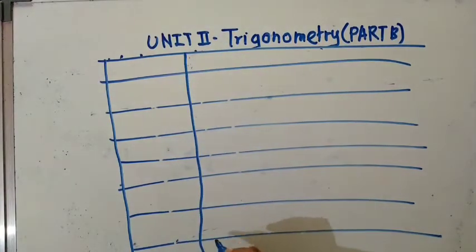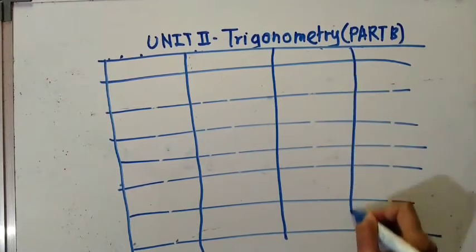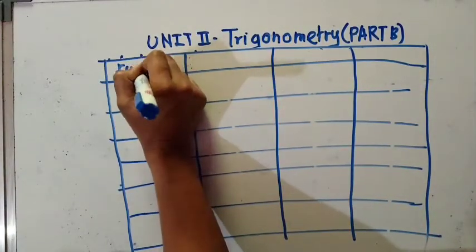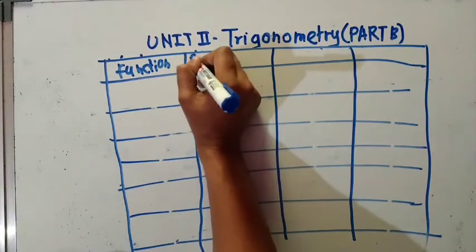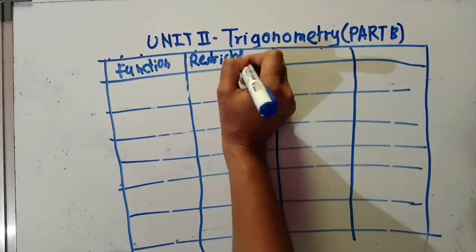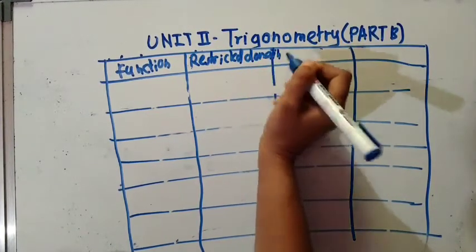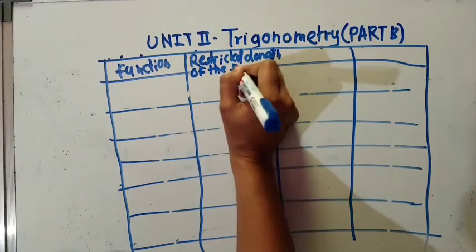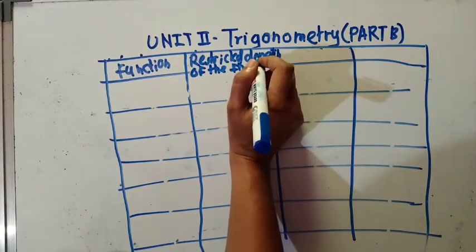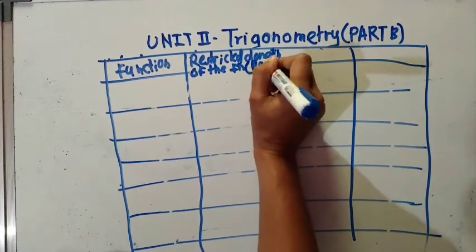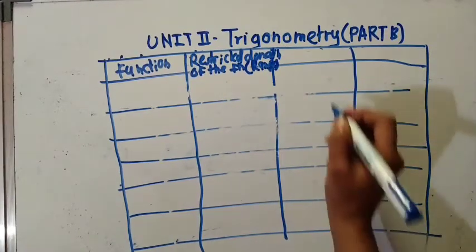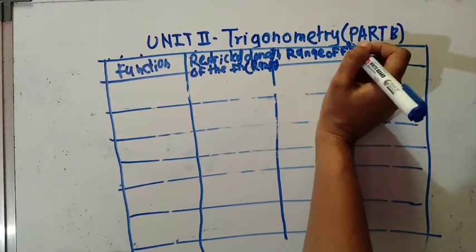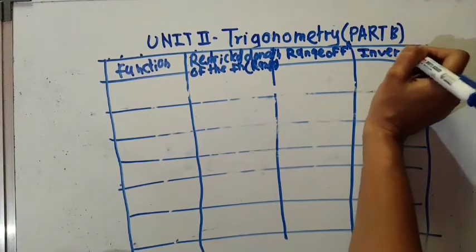This is the function, then the restricted domain of the function, with the range in brackets, then the range of the function, which means the domain of the inverse function, then this is the inverse function.